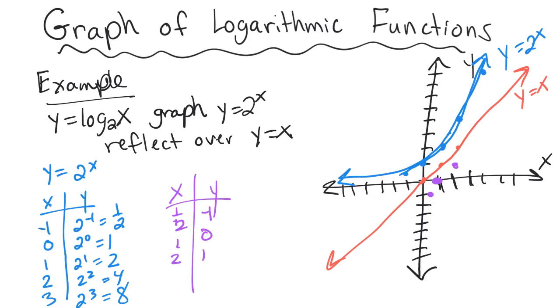We graph 4, 2, so over 4, up 2. And then we graph 8, 3, so over 8, which is going to go off this side, but up 3. So this purple line here is going to be your function y equals log base 2 of x.